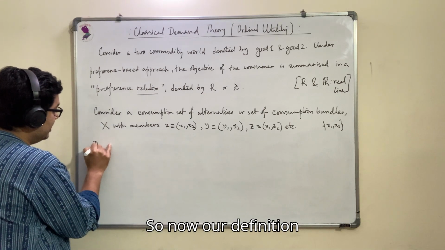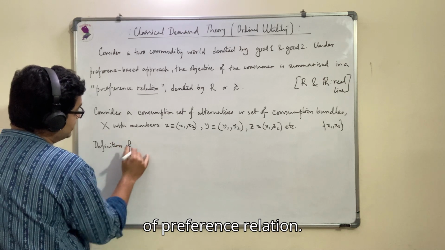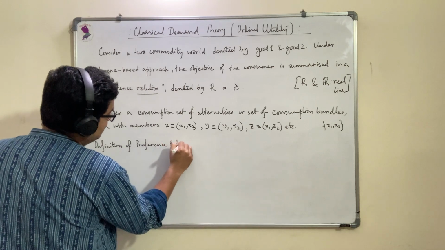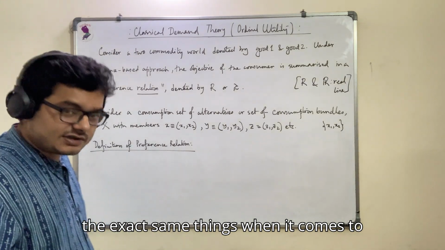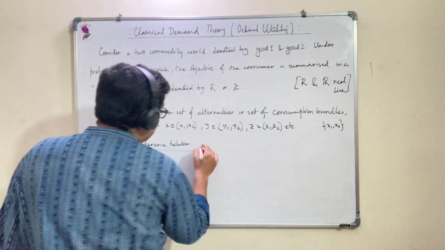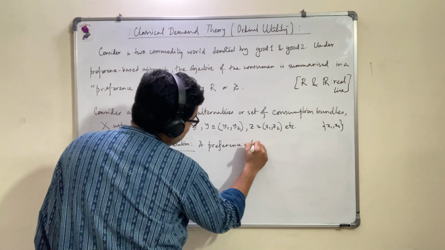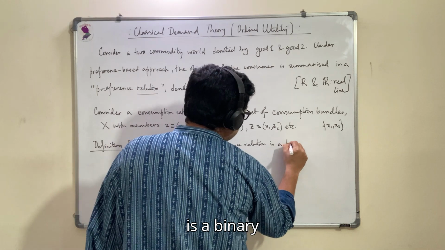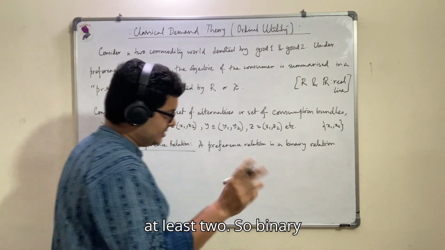So now our definition of preference relation. Remember, if somebody asks you, or if you wish to write, you have to write the exact same things when it comes to definition, right? All right. Preference relation is a binary relation. That means you need at least two.